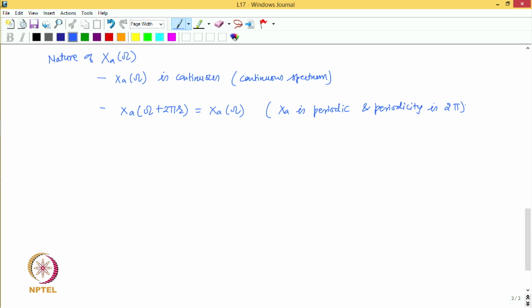So after every 2 pi radian on the frequency axis, the spectrum is going to repeat.